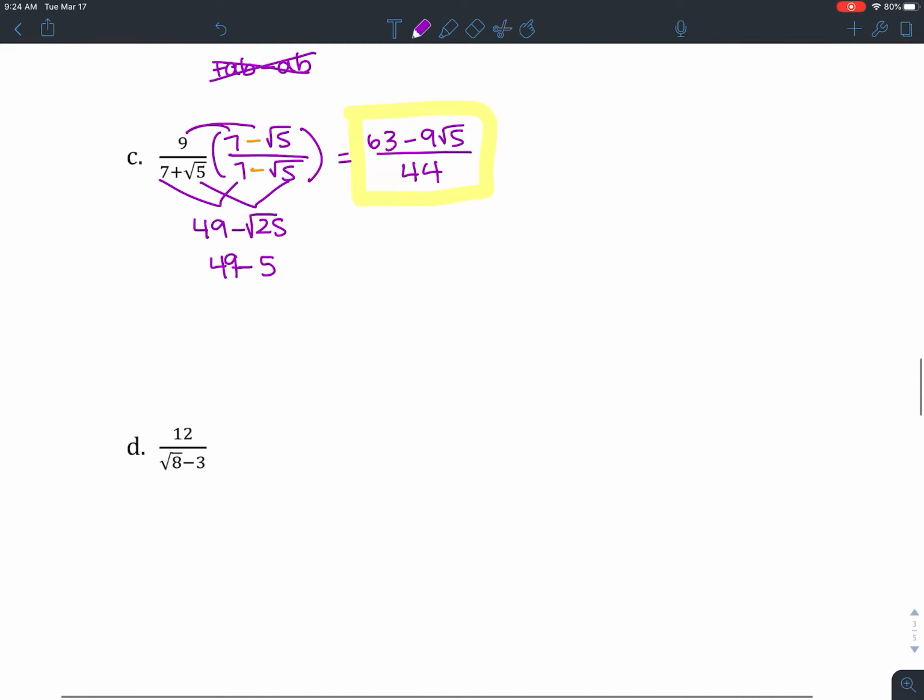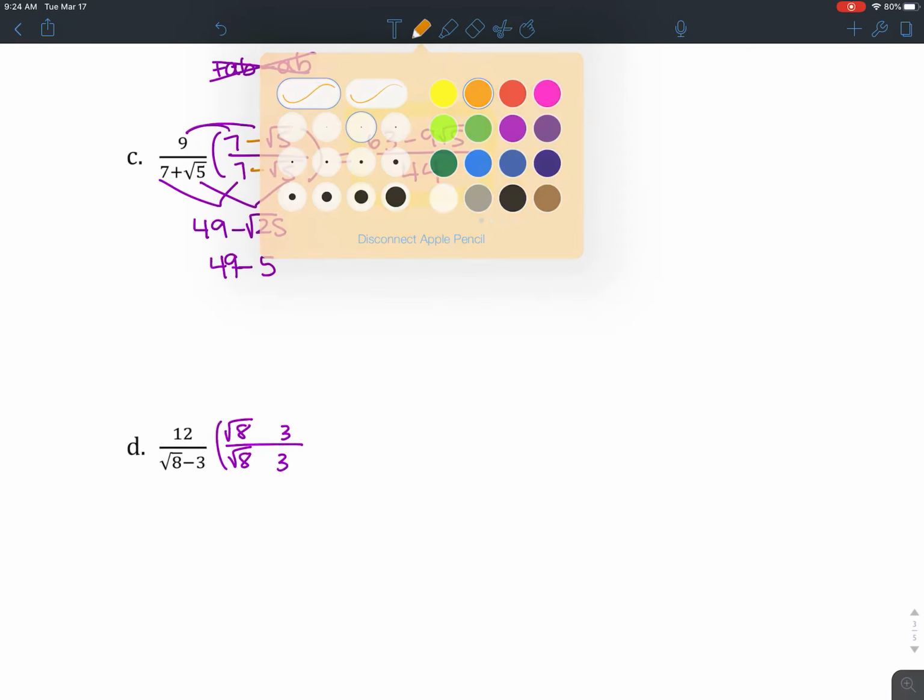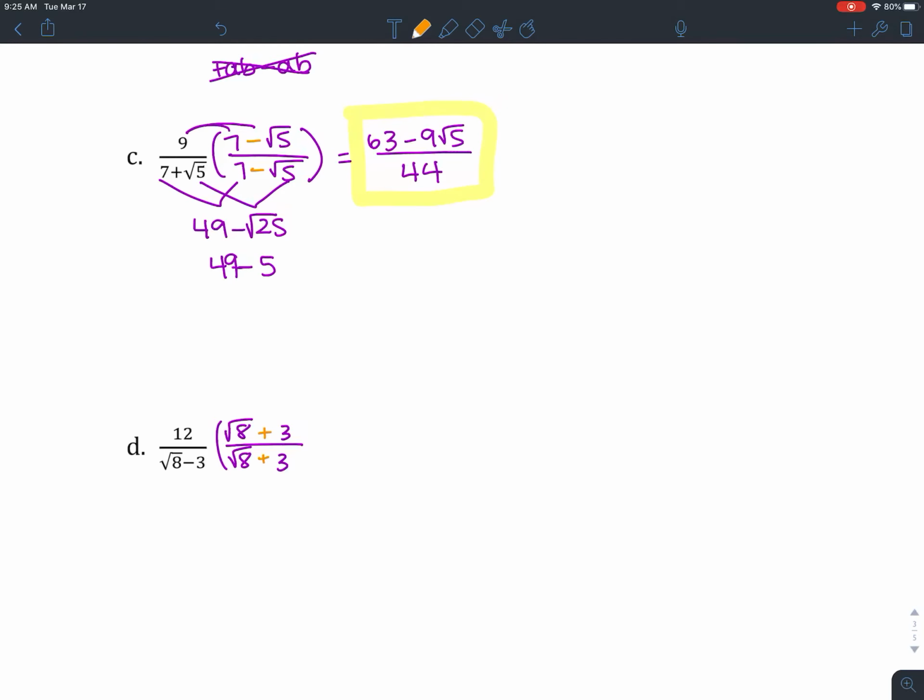Okay, down here we have 12 over square root of 8 minus 3. Now again, my conjugate means I keep everything the same except for the sign between. So I'm going to change that to a positive this time.